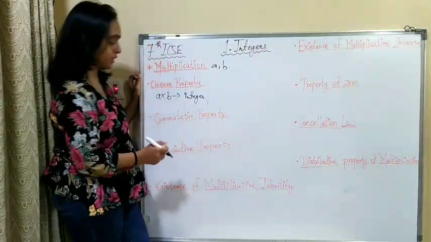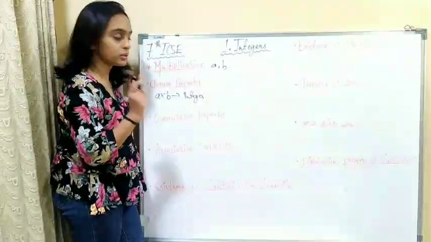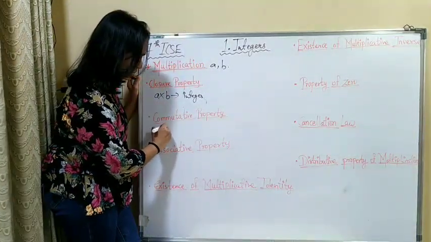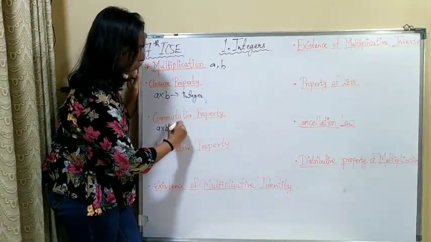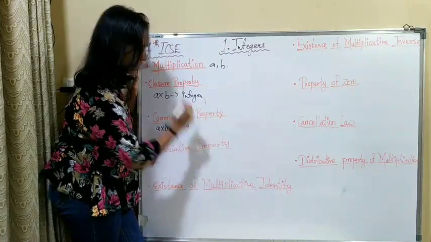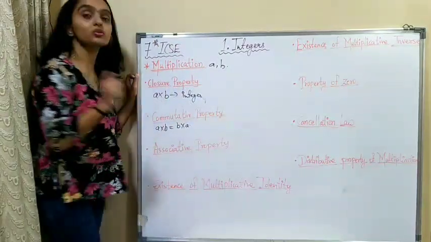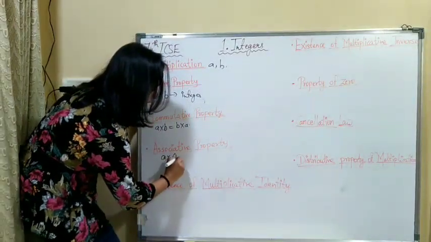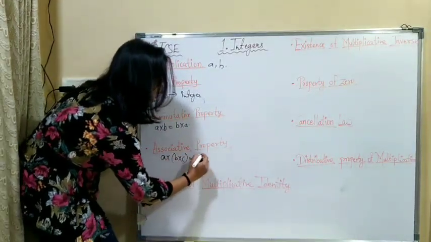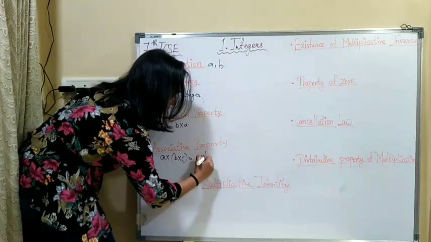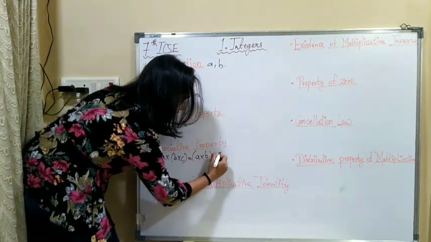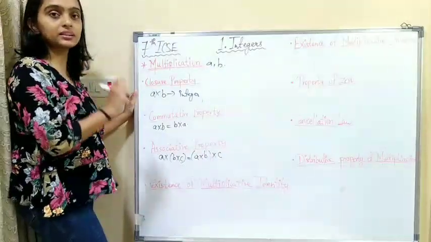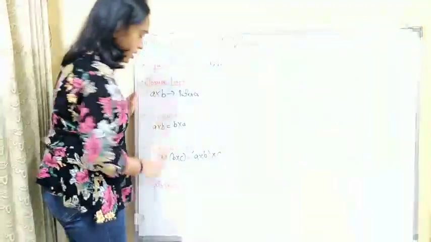Then the commutative property for multiplication: A multiplied by B is equal to B multiplied by A. Associative property: A multiplied by B multiplied by C is equal to A multiplied by B first, and then multiplied by C. So the order of multiplying any three integers is the same.